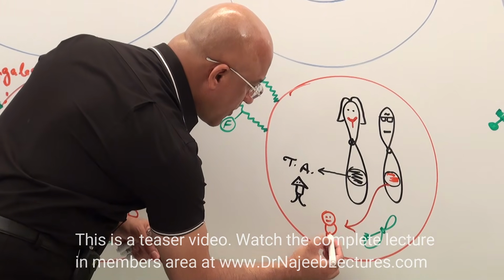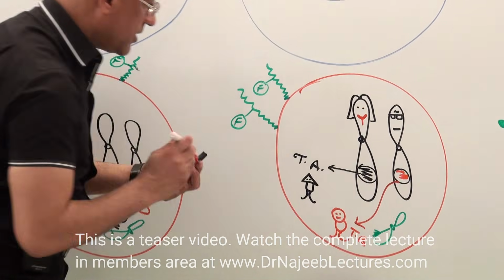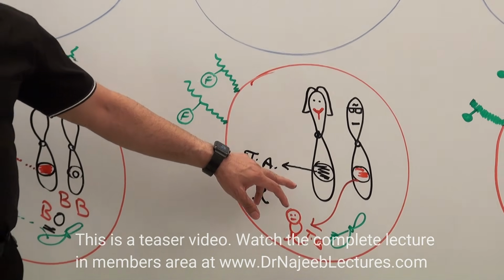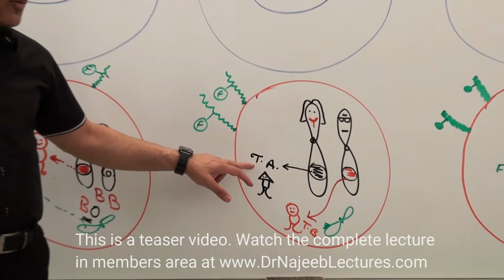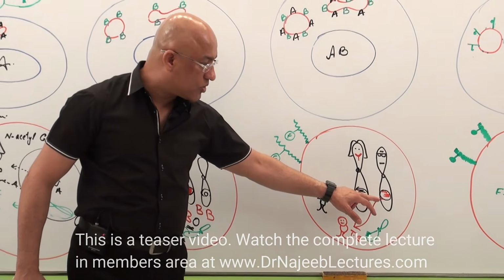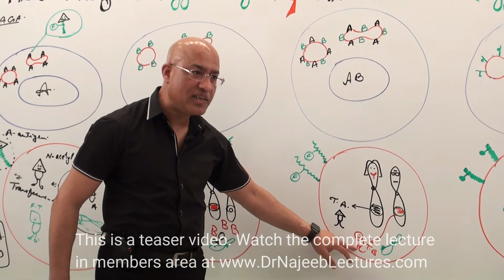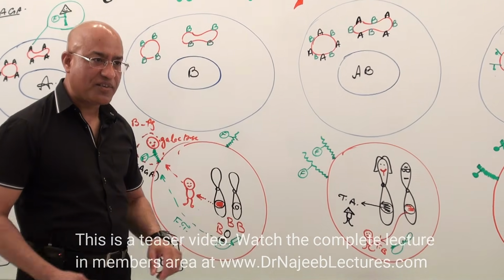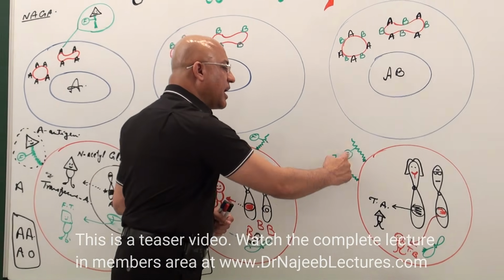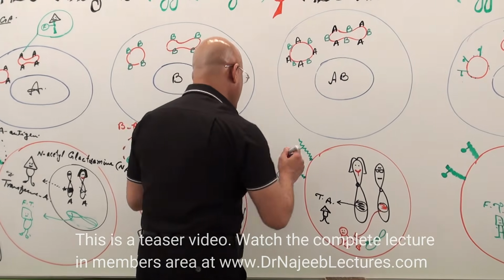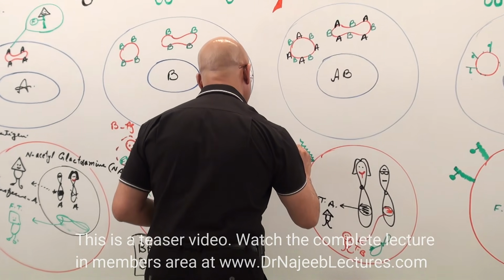So in my precursor red blood cells, one parent's chromosome is making transferase A and the other parent's chromosome is making transferase B. So both of them are active. What will happen to these H antigens?